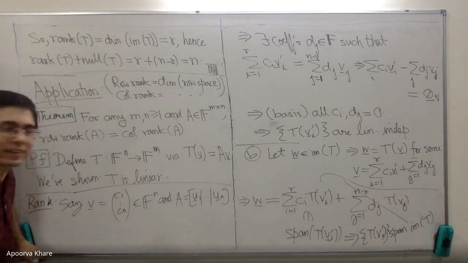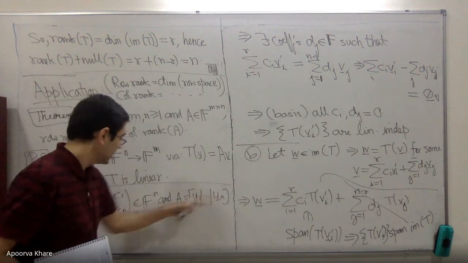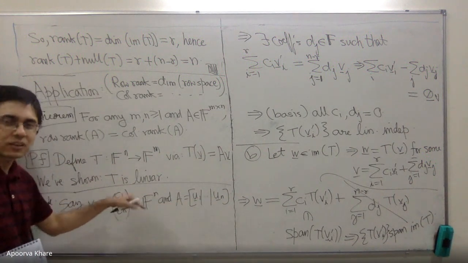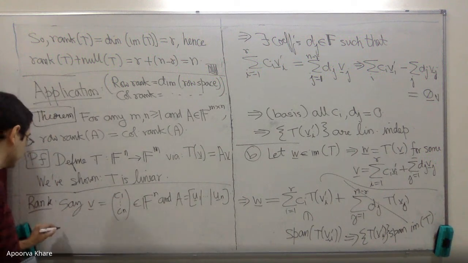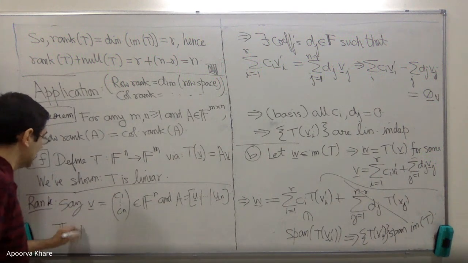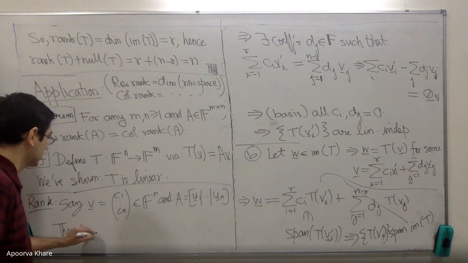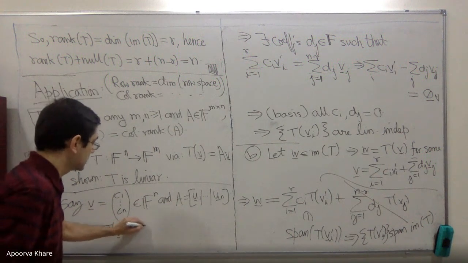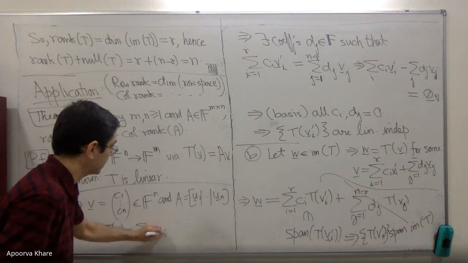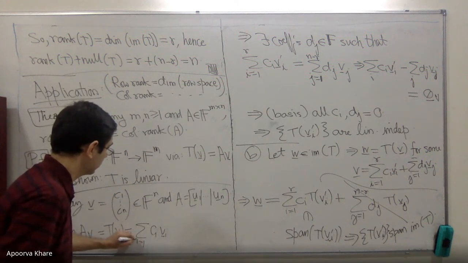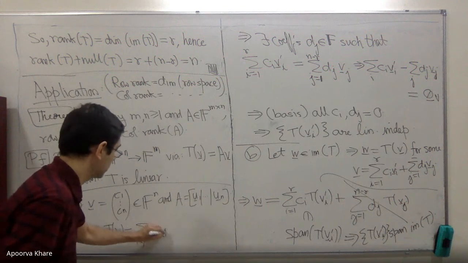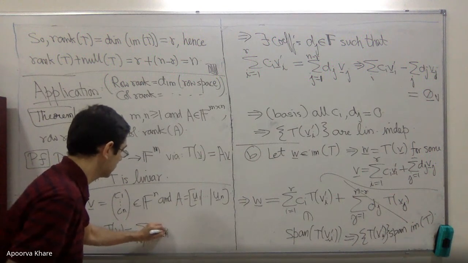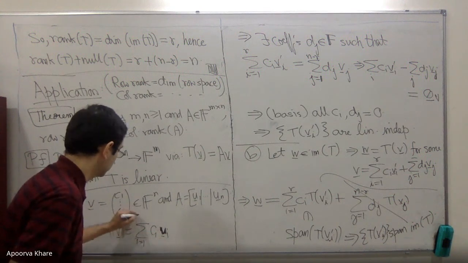Then we know this by partitioned matrix kind of thing, that A times V is like taking the dot product where you take dot products with vectors. Then A times V, which is T of V, of course, is summation Ci Ui, where i goes from 1 to n.